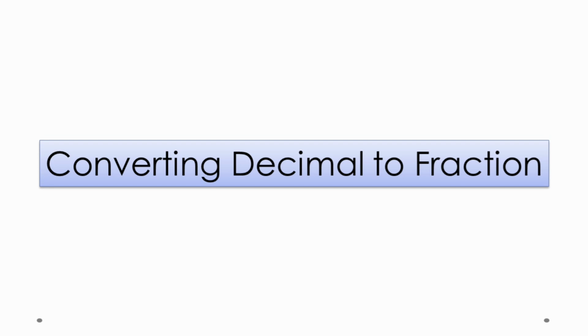Now let's see how to convert decimal to fraction. Let's take the decimal figure 12.5. For converting decimal to fraction, we begin by removing the decimal and make 12.5 as 125. As we have removed the decimal from one place from the right, we will write 10 at the denominator's place.